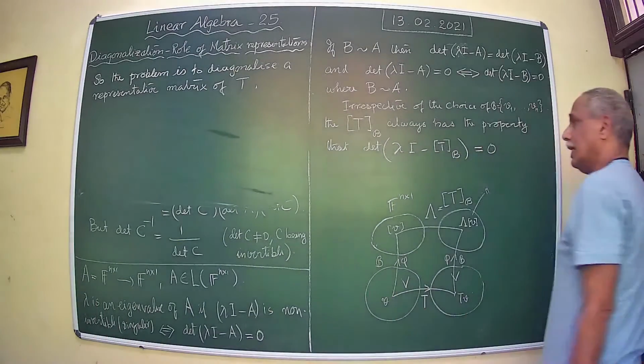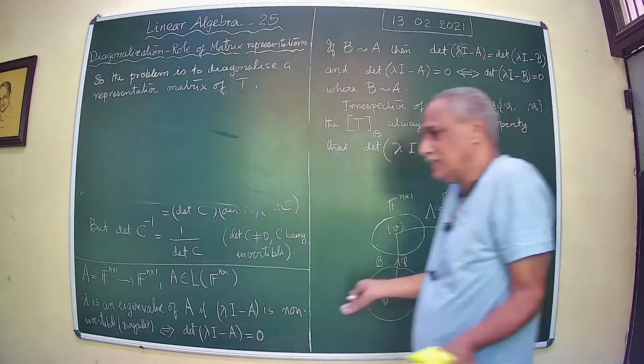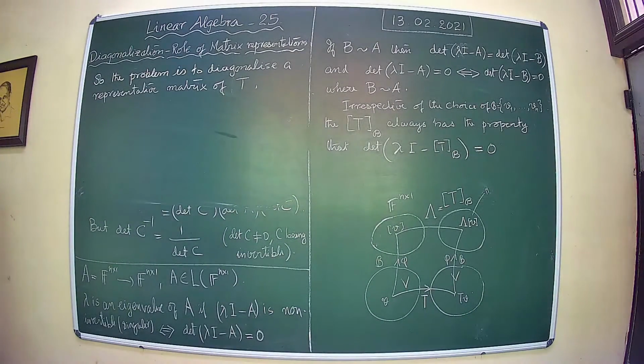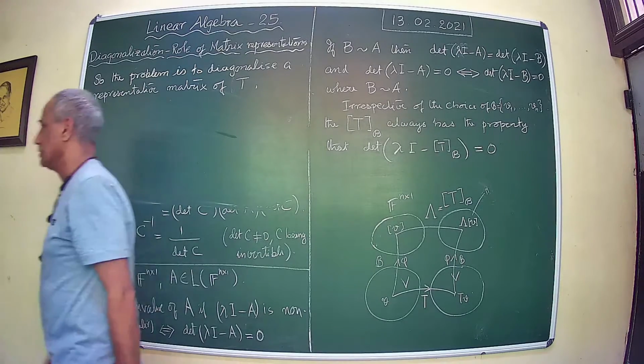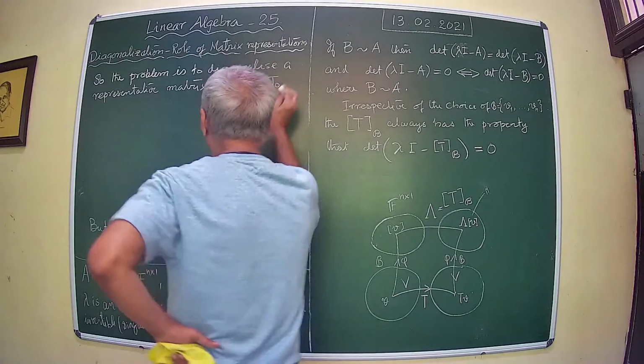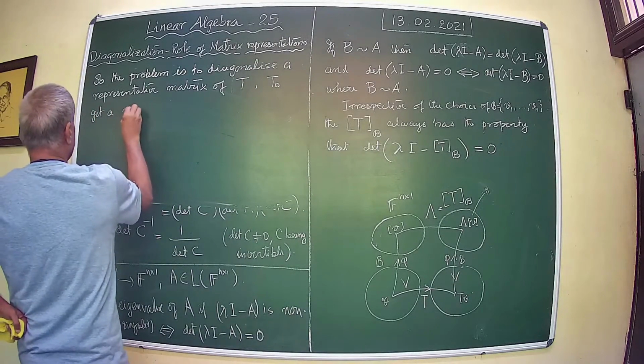To get a representative matrix of T, there is no problem, no constraints at all. You just start with any ordered basis, then you can get it. Now this is to get a representative matrix.